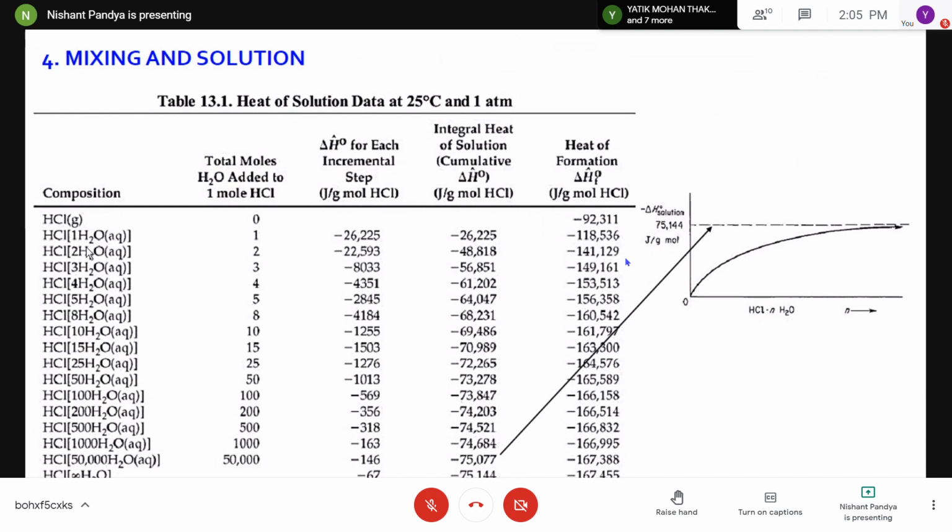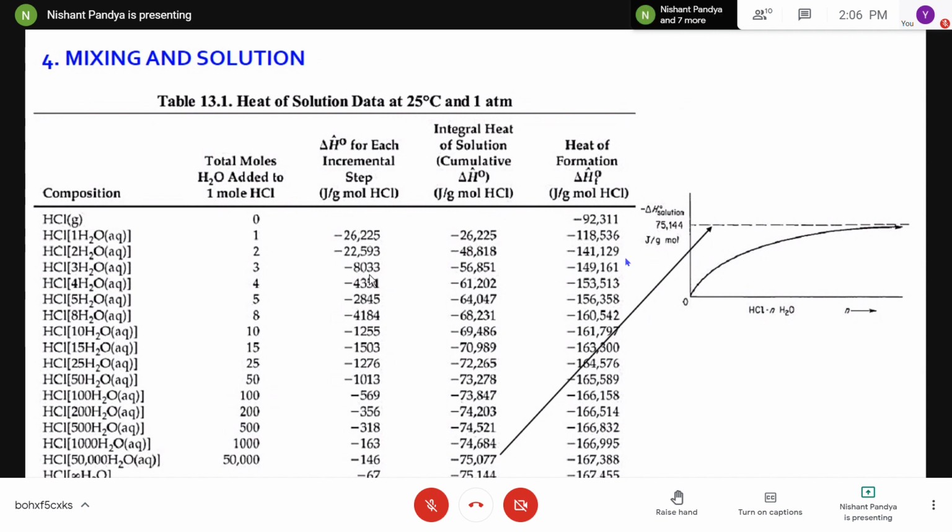Now we add 1 more mole, so we have a 2:1 ratio here. In that case, the increment between these two cases is minus 22,593. But if you want the integral from the beginning, meaning from pure HCl to this solution, then the change is the summation of these, minus 48. Similarly, if you add 1 more mole of water, you will have a change of minus 8,000.